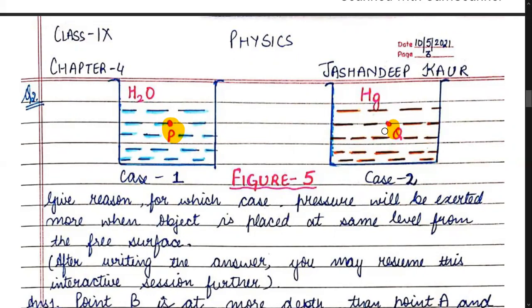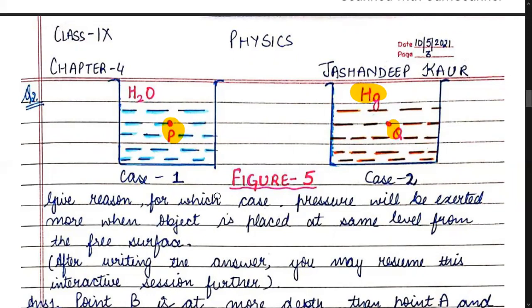One, you are having water, and in other, you are having mercury. Capital Hg stands for mercury. So you are having two different liquids in different containers in question number 2.